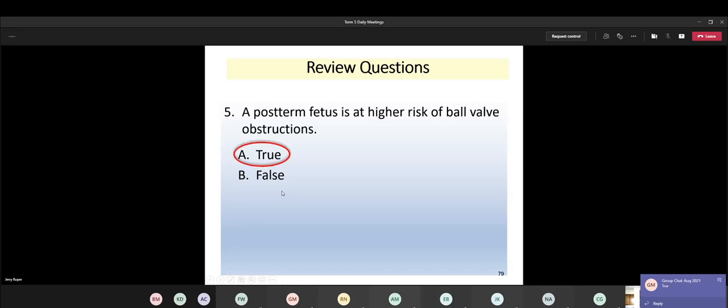It is true because we know that any post-term baby is definitely at risk of having more meconium because they're ready to be born. And they are just really uncomfortable in that tight space. And that stresses them to the point where they do a lot of pooping in utero. And they are definitely going to be at a higher risk of maybe having the ball valve effect, which is meconium aspiration syndrome.